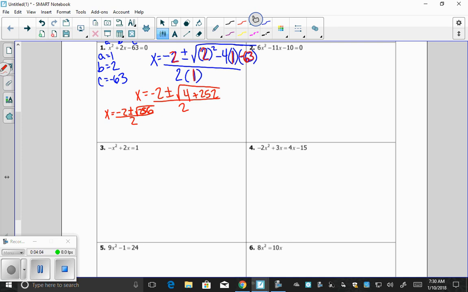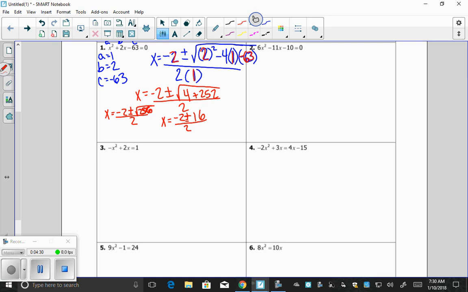The square root of 256 is a perfect square, and you're going to get x equals negative 2 plus or minus 16, because the square root of 256 is 16, over 2.